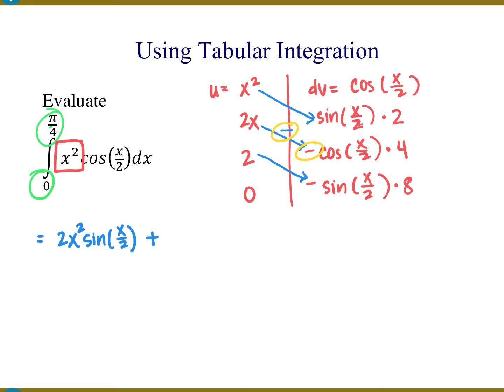So plus 8, it looks like, x times the cosine of x over 2. And then minus 16 times the sine of x over 2. And then plus c. But now we can go farther because our bounds here were 0 and pi.